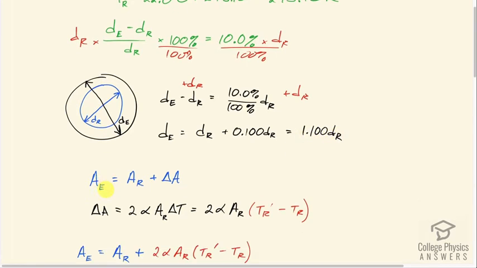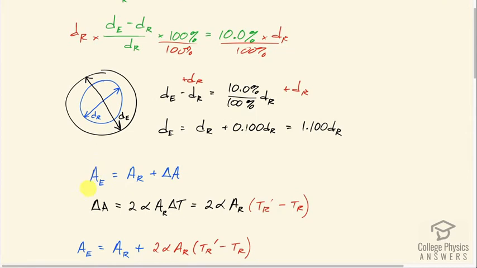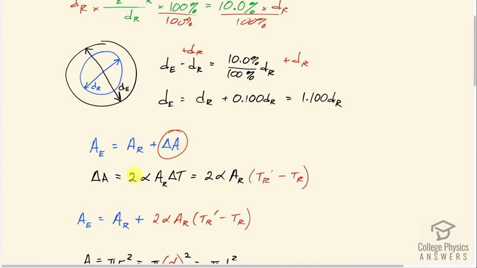Now we have to talk about the area. The area of the engine, the hole, is the area of the rod plus this expansion of the rod's area that's meant to occur. We have an expansion for the area in terms of change in temperature, and it's 2 times the coefficient of linear expansion for aluminum multiplied by the initial rod area times the change in temperature.